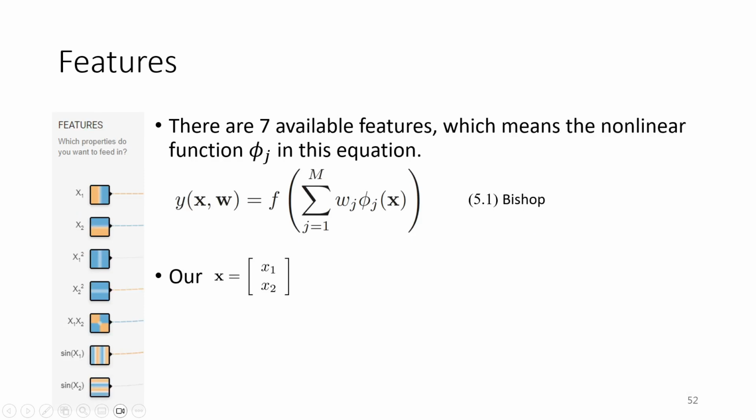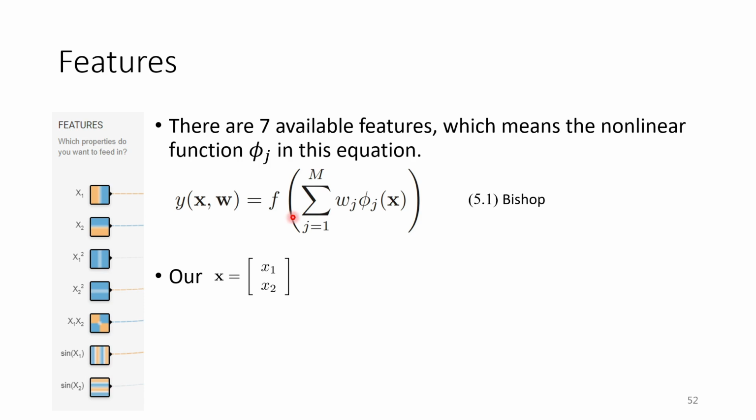All right, so the feature. This is a classification problem, and we will generate our y. What is y? Y is the probability of the two classes, and how do they calculate it? There is a weight, and there is a nonlinear feature function for x. What is our x? Our x is just the two inputs, x1 and x2.